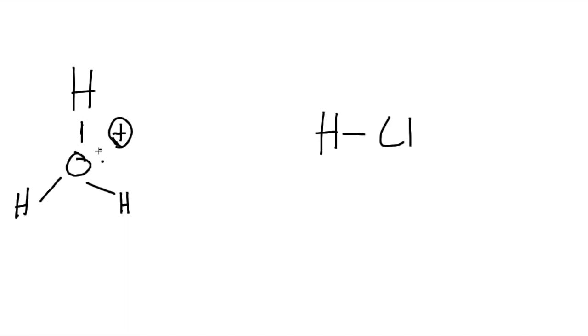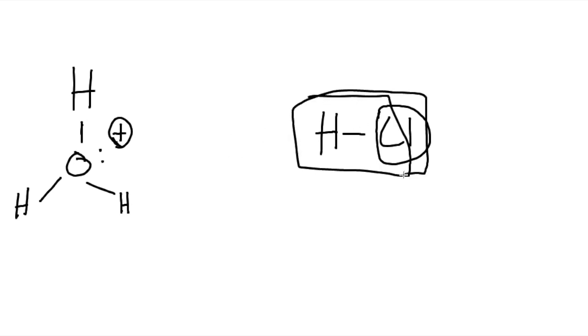The rule we look at is electronegativity. We have oxygen, which is electronegative, but chlorine is way more electronegative than oxygen. So HCl is the stronger, more acidic element in this case.